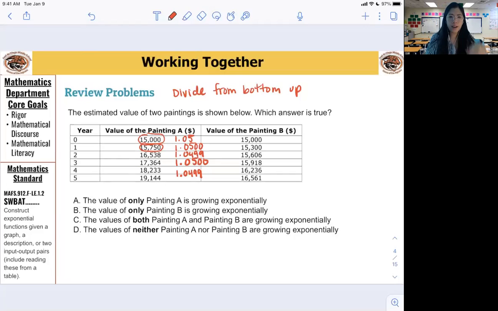Yes. Yeah, they sure do, because 1.0499, all those nines make me round up, right? So I'm going to get 1.05. This also rounds up to 1.05. All the way up, I get 1.05. So at the end, I have a constant rate. I have a rate of growth.